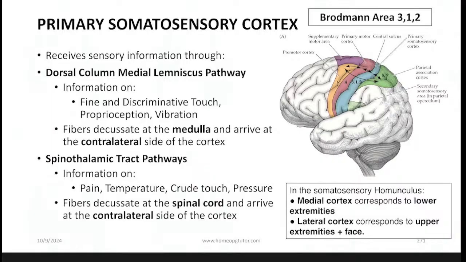And what is the information? The information is basically pain, temperature, crude touch, and pressure. See, in case of primary somatosensory cortex, the medial cortex corresponds to the lower extremity, and the lateral cortex corresponds to the upper extremity and the face.